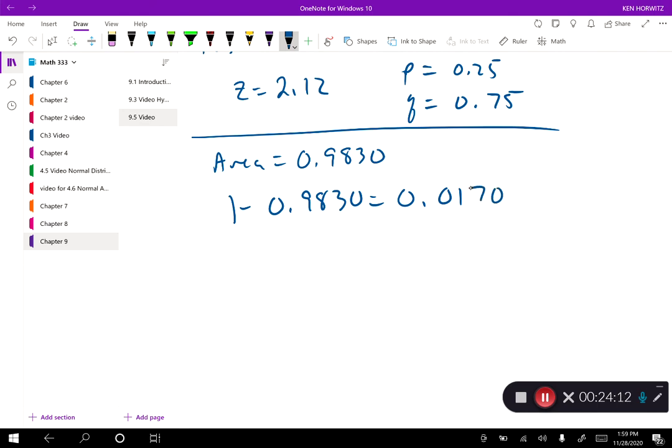All right. And for the p-value, if our p-value is less than our alpha, we reject the null.